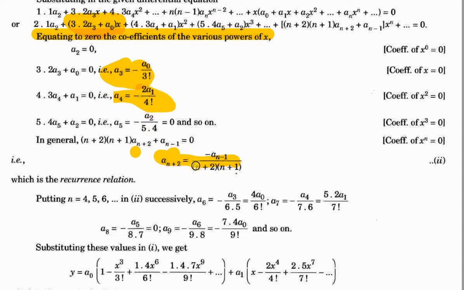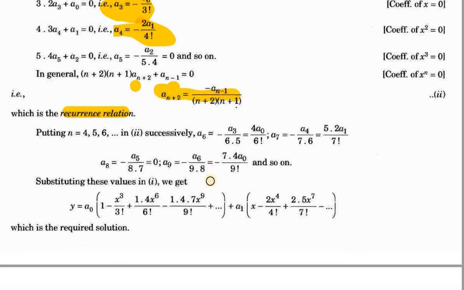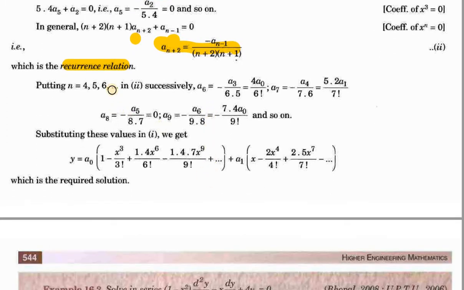So this is the general expression, which is the recurrence relation, means it is reoccurring, okay, and computer science students can understand that it is the concept of recursion appearing here. So the function an plus 2 is recalling itself again after some steps. Back to the point, if you don't compare with that recursion, you leave it, it is a recurrence relation of mathematics. So putting that all, finally substituting these values, that y is coming as this one.